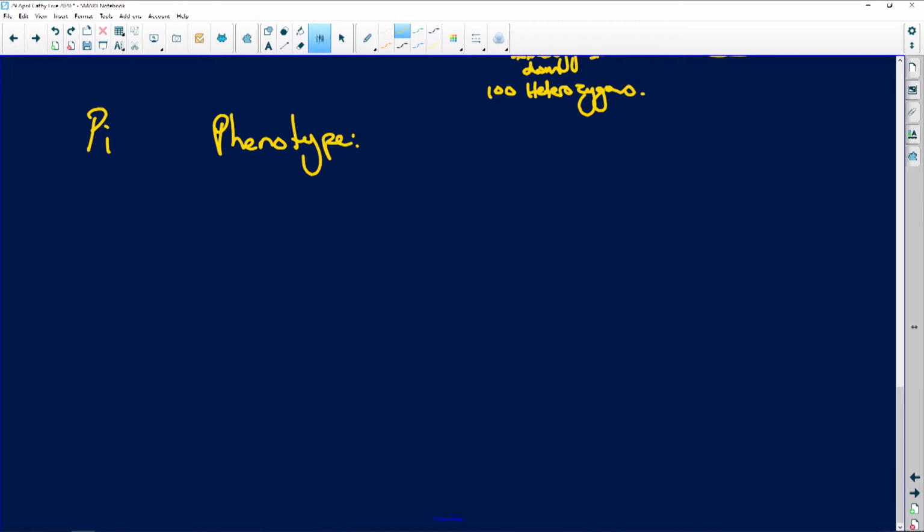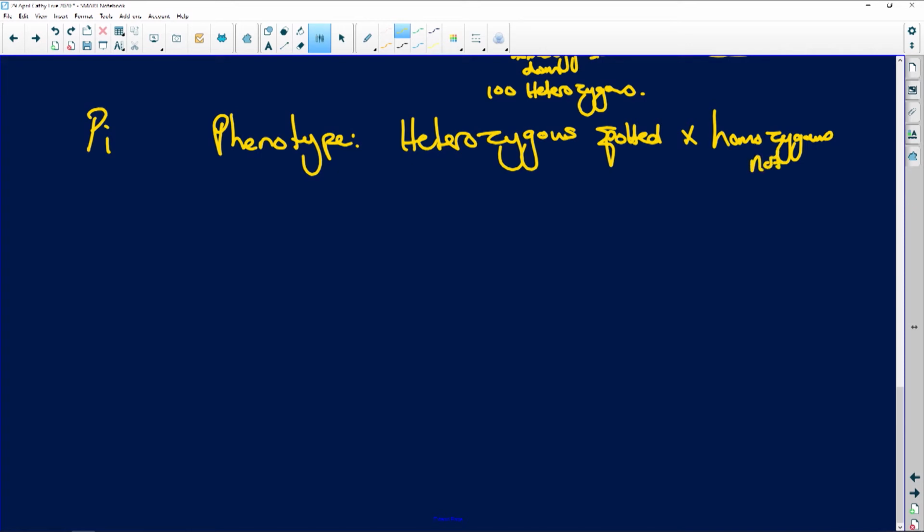We see a frog that is heterozygous spotted times homozygous not spotted, or without spots.